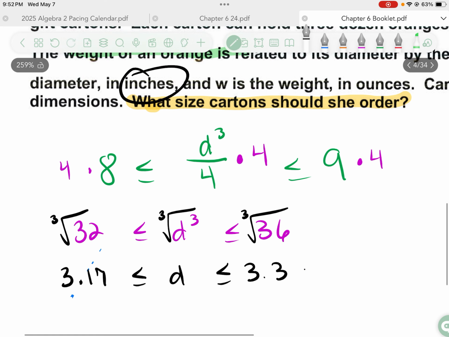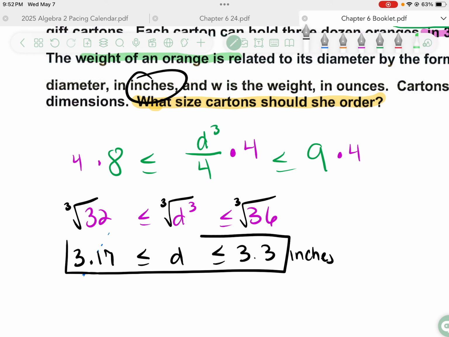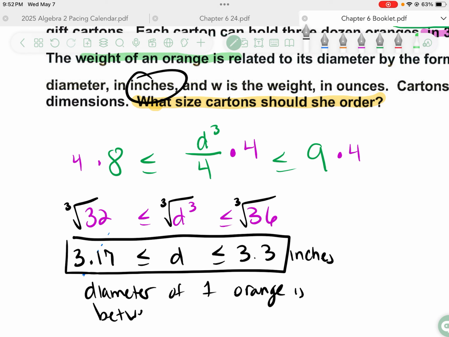And we're talking about inches. Okay, so this means that the diameter of one orange is between 3.17 inches and 3.3 inches.